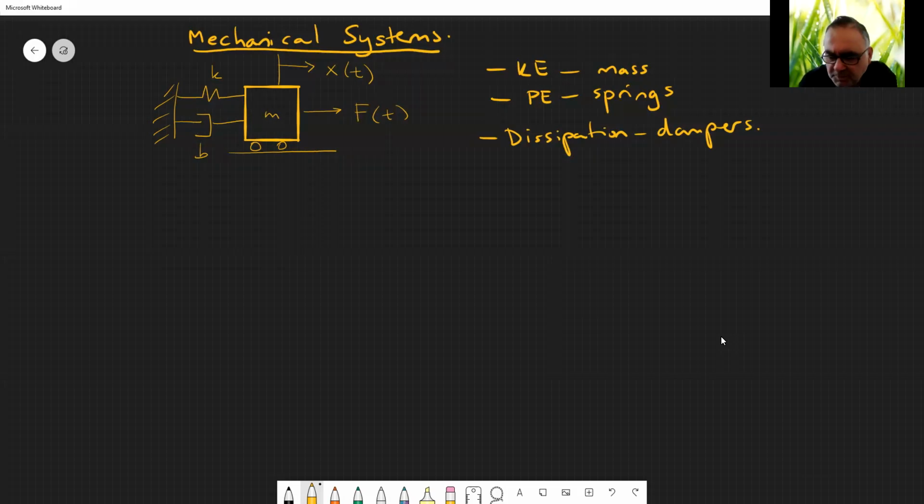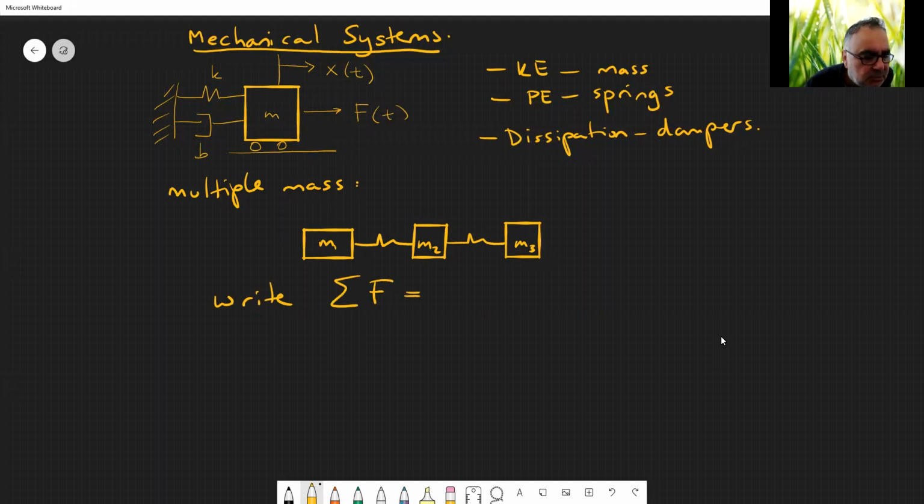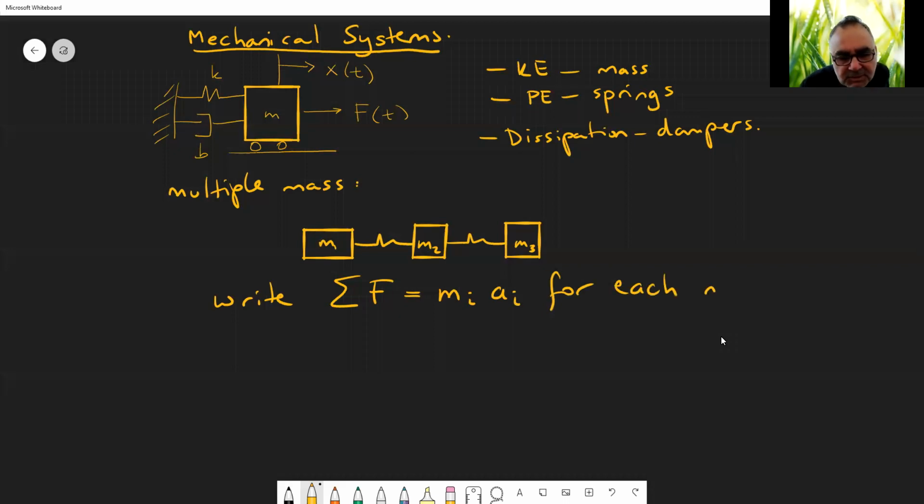There might be multiple mass systems, in which case we have one mass, spring, another mass, another mass, etc. M1, M2, M3, etc. What we do is we basically write summation of the forces equals mass times the acceleration for each mass.